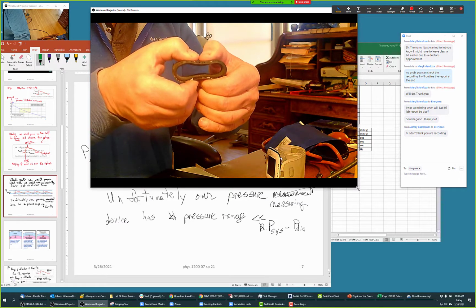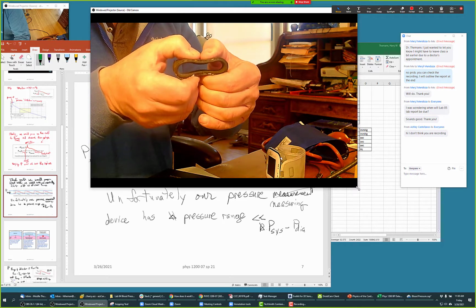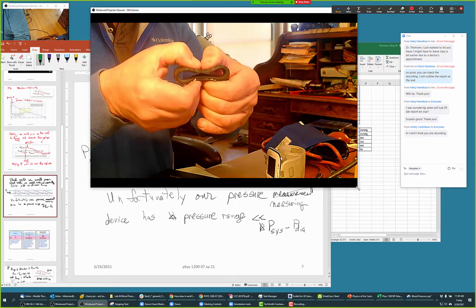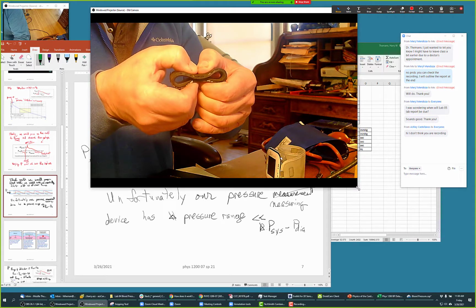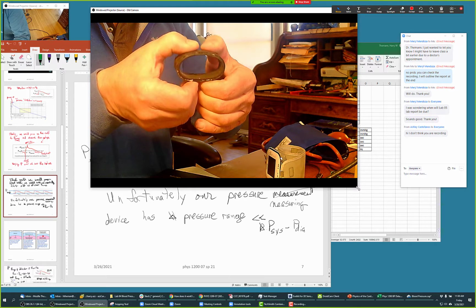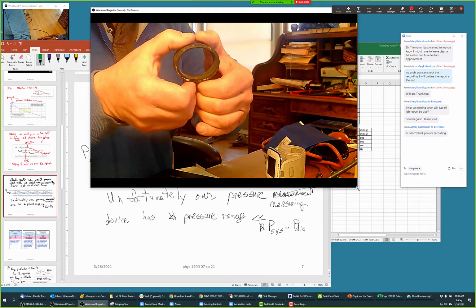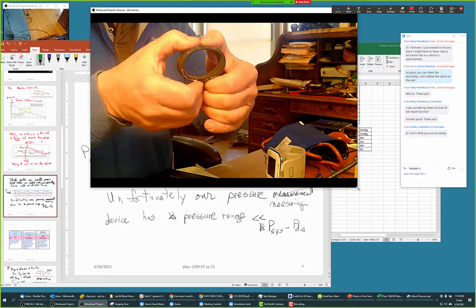So when the heart is at the average pressure, it's open, and then as the heart relaxes, it just closes, and then when the heart beats, it opens, but the cuff, like my fingers, are still touching, and I can still read the pressure.